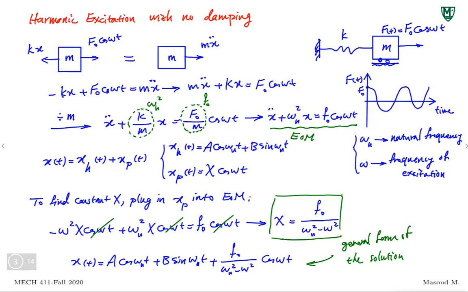So let's use initial conditions to find A and B.